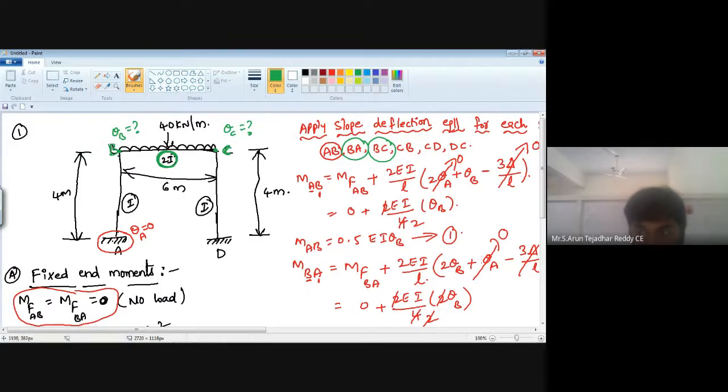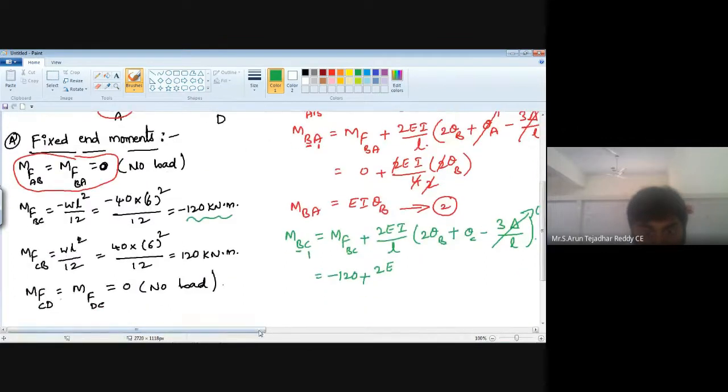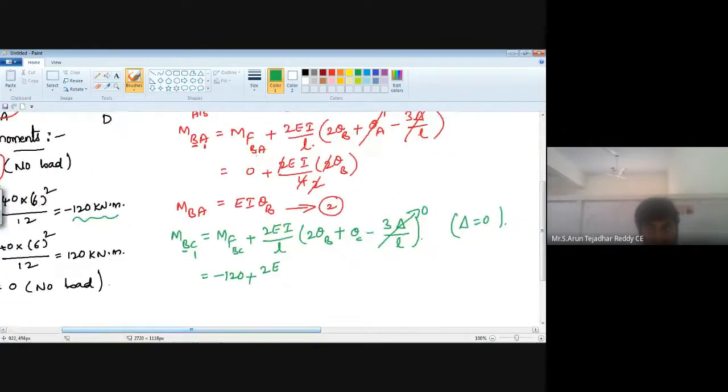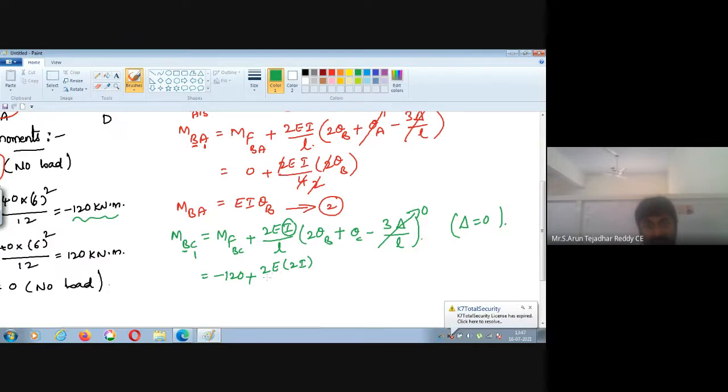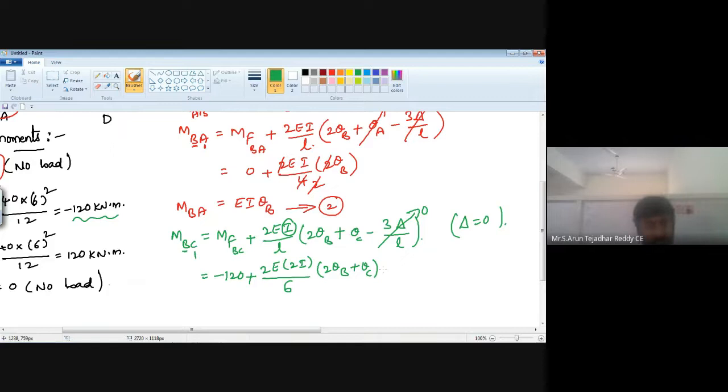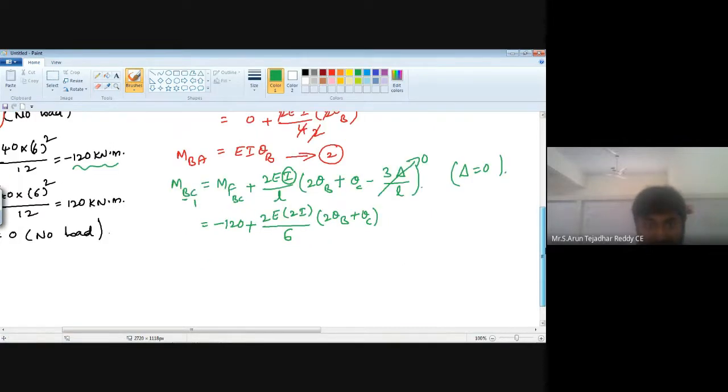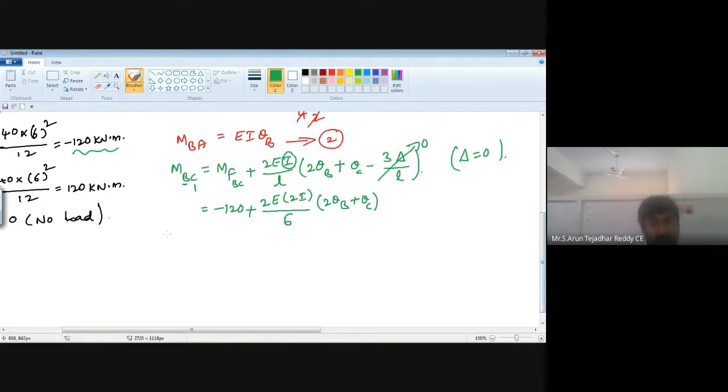It means in place of I, just substitute 2I. That's it. Very simple. By span of BC is 6, then 2 theta B plus theta C. Once you evaluate this equation, you will get MBC.